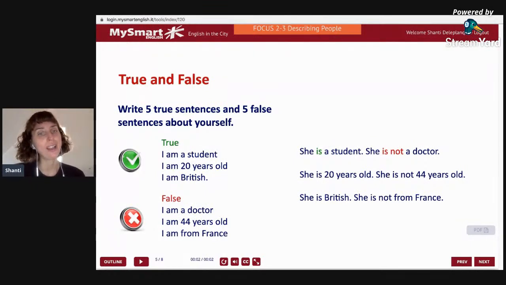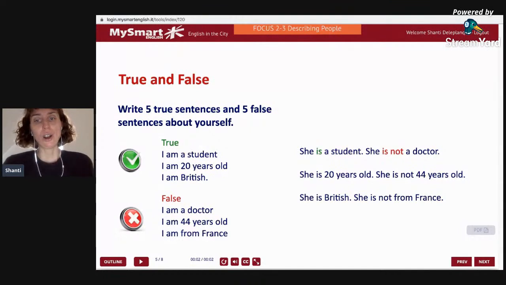I want you to write an example about yourself. You can say something in positive, I am, and also something negative, I am not. Barbara, what can you say about yourself? One thing that is true and one thing that is false. Also, Diana and Juicy, Elena, who do we have? Valentina, where did you go?